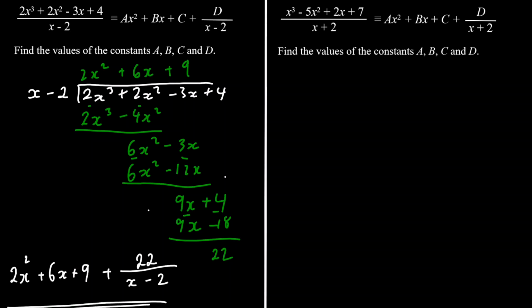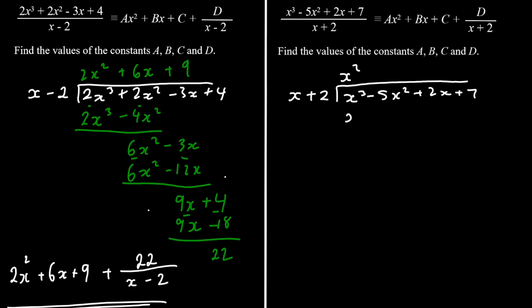One for you to try. Pause the video, give it a go. So using division, x plus 2 on the outside, x cubed minus 5x squared plus 2x plus 7. X cubed over x is x squared, times by x squared.